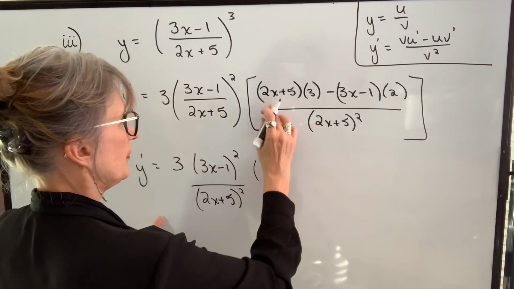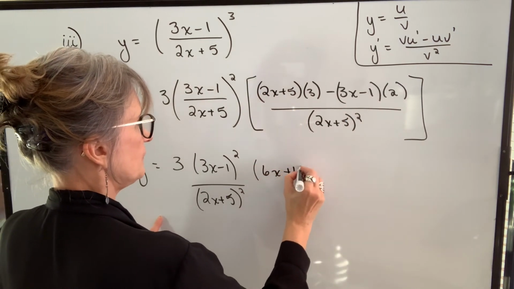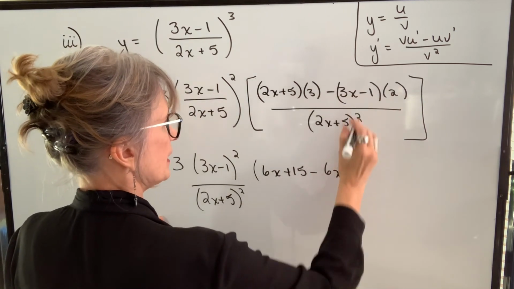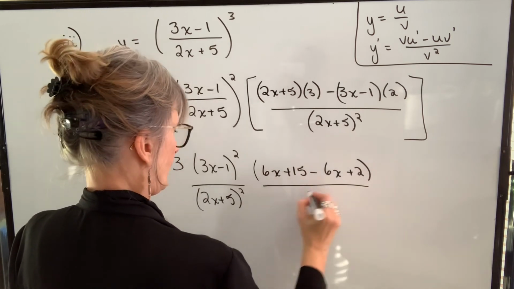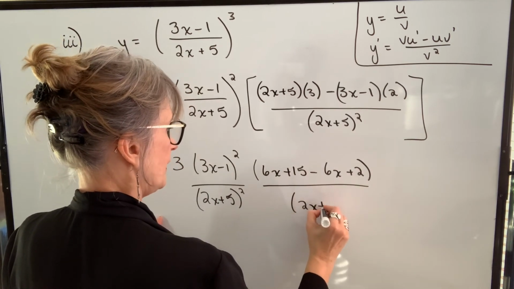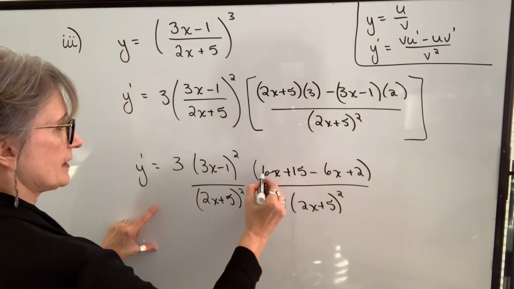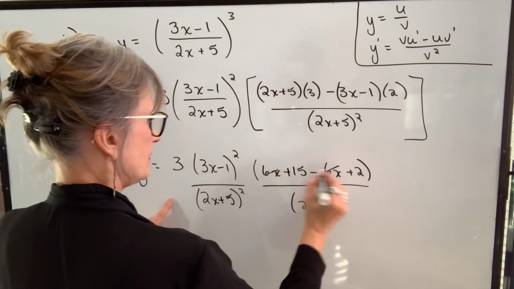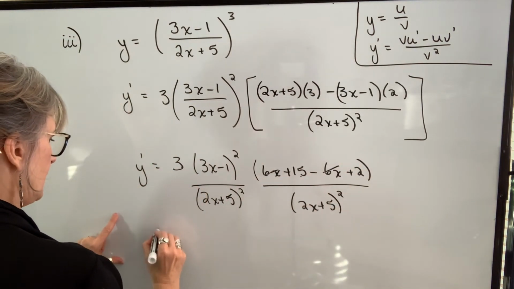Now I will clean up all of this, so I'm going to have 6x plus 15 minus 6x, minus minus gives me plus 2, all over 2x plus 5 squared. And here 6x minus 6x is gone, so we're going to just have 17. 15 plus 2 is 17, which I could multiply to the 3.